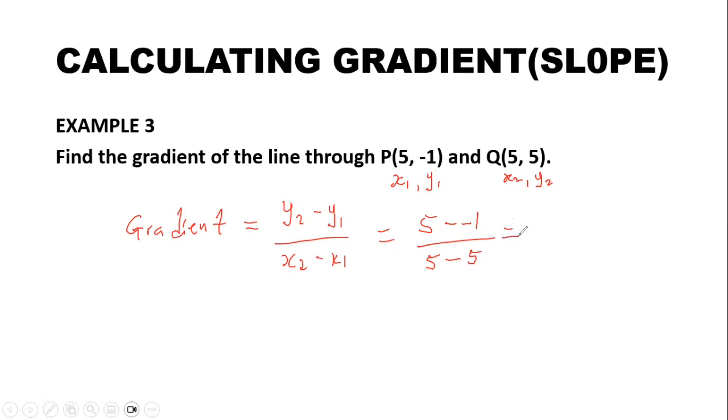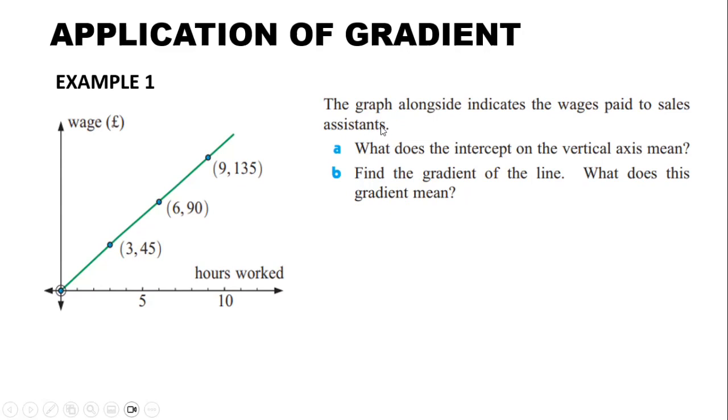So when we do this, we get 6 all over 0. 6 divided by 0 does not exist. Any number divided by 0 is undefined. The gradient is undefined or does not exist.